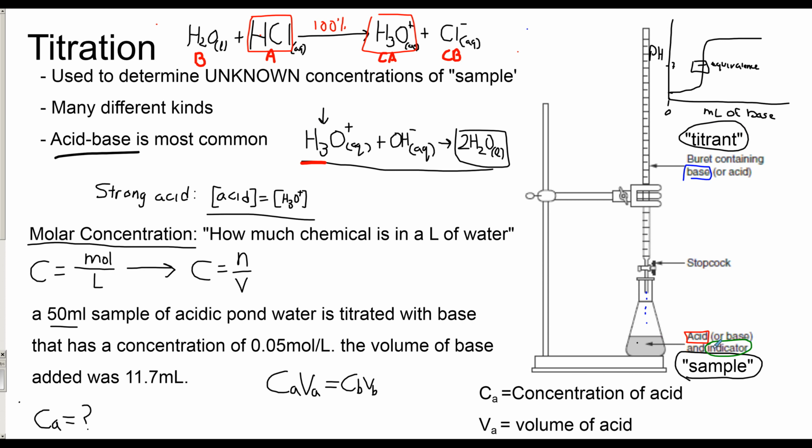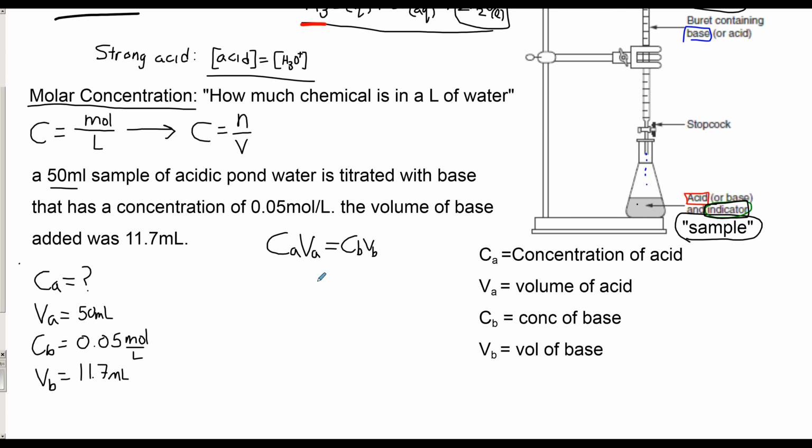If we look at this formula right here, there is a little bit of manipulation that we need to do. We're trying to solve for CA. The algebra is not hard at all. If I'm trying to get CA by itself, I need to move everything else over.